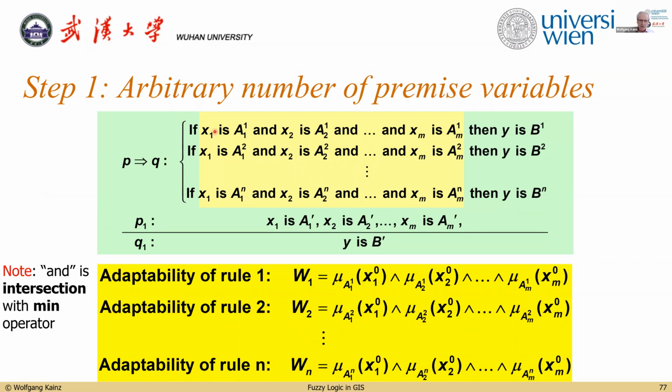Of course, then our rules look like this. We have m premise variables and 1 conclusion variable. So we would compute the minima. Here I indicate this minimum by intersection with the minimum operator. That's exactly what we did here.